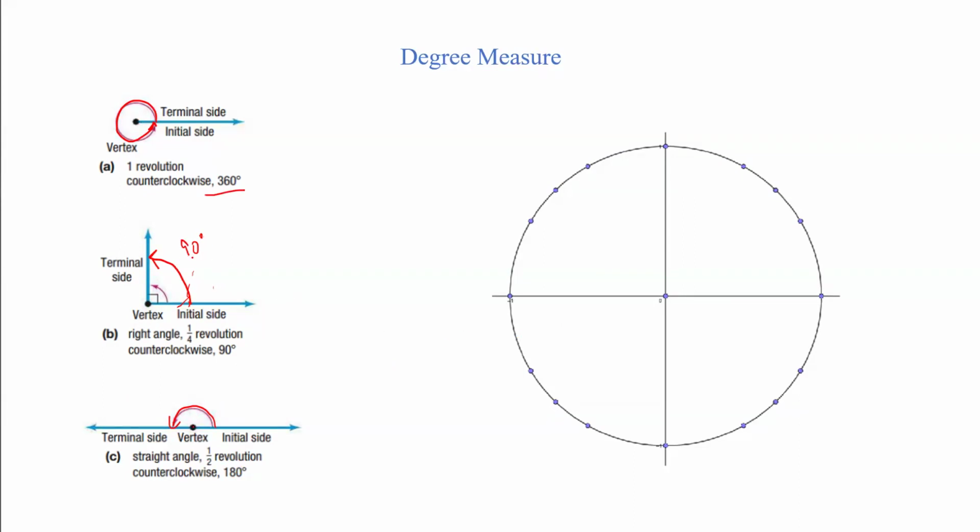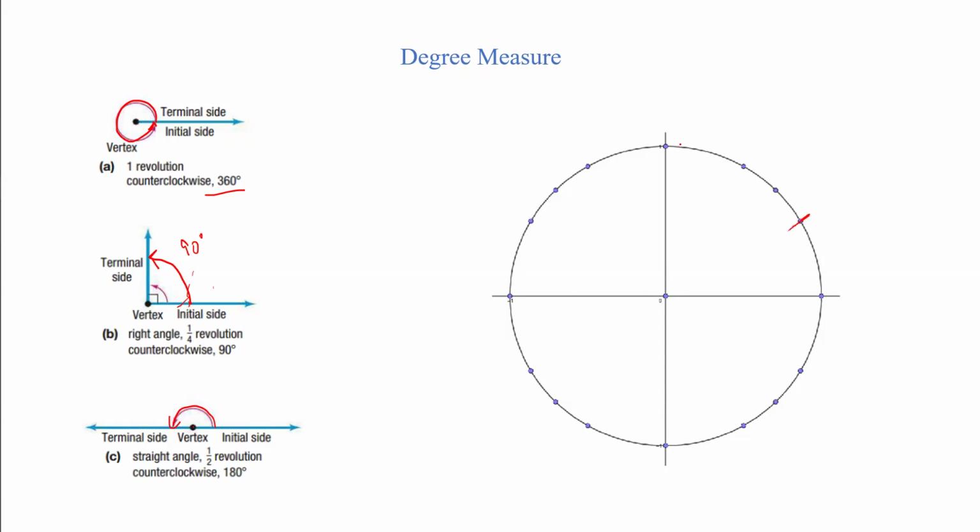Well, we like it already because 90 fits into it evenly and 180 fits into it evenly, but 360 is a very friendly number in the sense that it will accept a lot of divisors. So if we divide 360 by 3, better yet, let's count by 30s here.